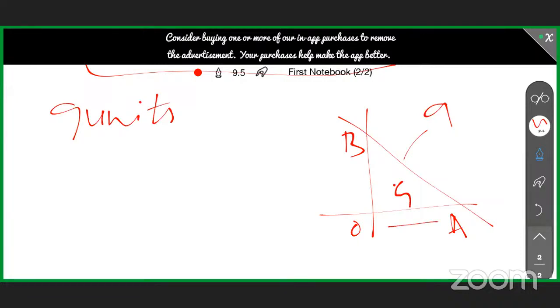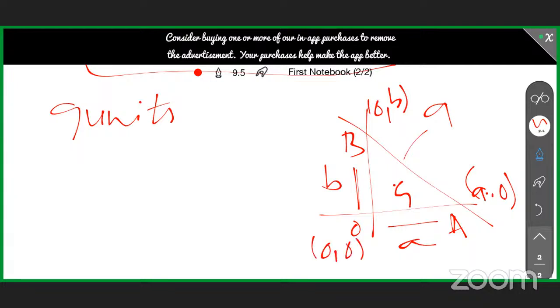From here to here, what is the distance? This point will become A, 0. From here to here, the distance is B, so that will become 0, B. The origin is 0, 0.